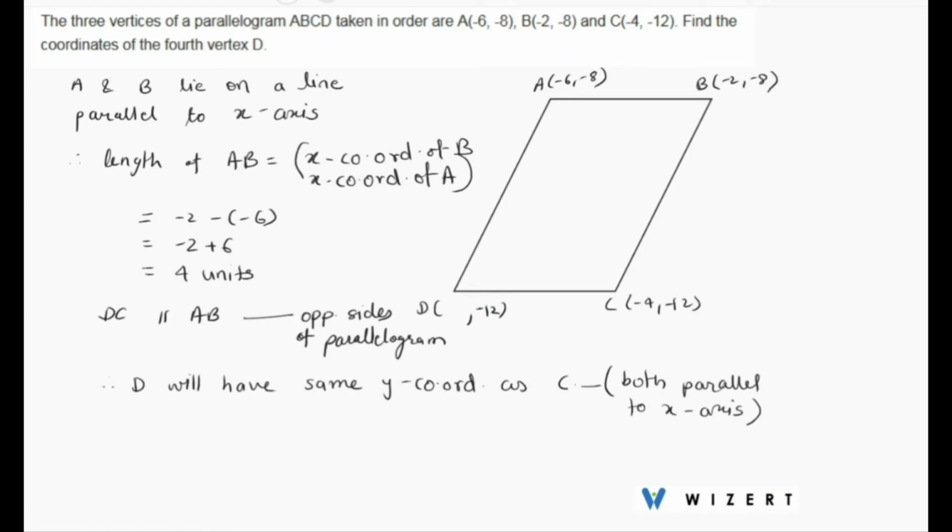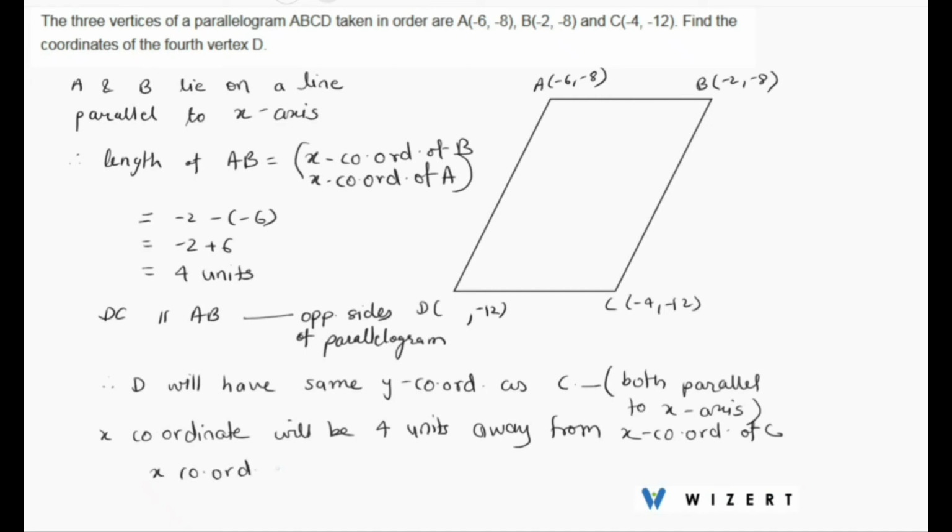Now the x coordinate will be 4 units away from C, the x coordinate of C. So we have the x coordinate of D: -4 minus x equal to 4.